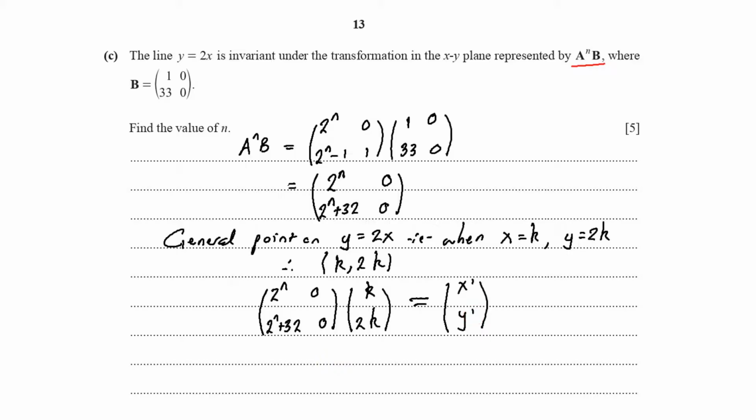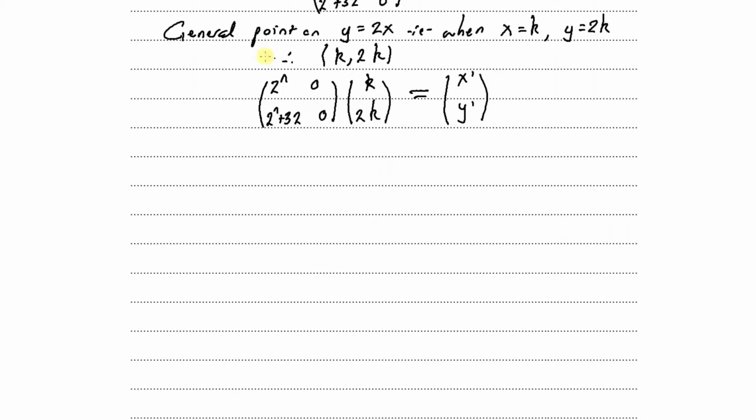So let's work on this. So that's 2 to the power of n times k plus 0 times 2k. So this gives us 2 to the power of n times k. And 2 to the power of n plus 32 times k plus 0 times 2k, we get k of 2 to the power of n plus 32.